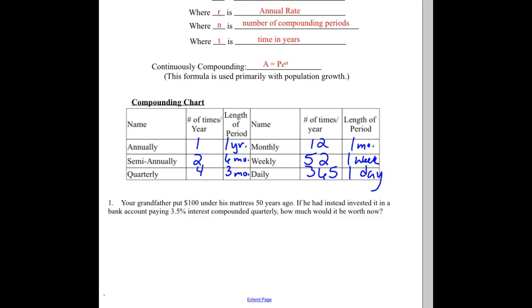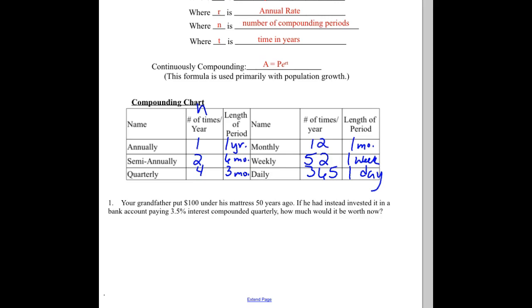Okay? So when we look at that formula, they're going to say things like these words: annual, semi-annually, quarterly, right? They're going to tell you it's compounded that way. This is going to be your N value, all right? The 1, 2, 4, 12, 52, 365, that kind of thing.